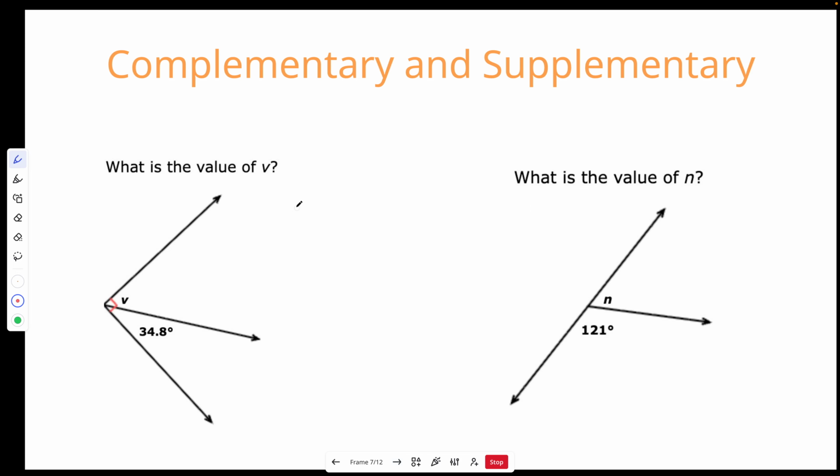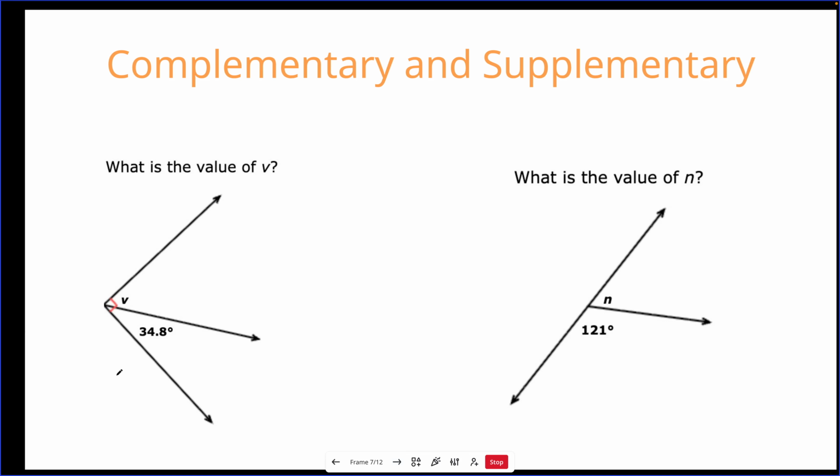All right, for complementary and supplementary, reminder, complementary means that it adds up to 90. Supplementary means they add up to 180. So for this figure on the left, it says what is the value of V? Remember the half of a square red line means that that's a right angle.